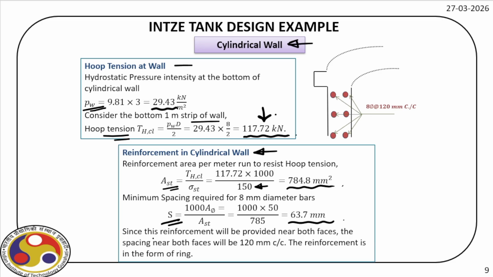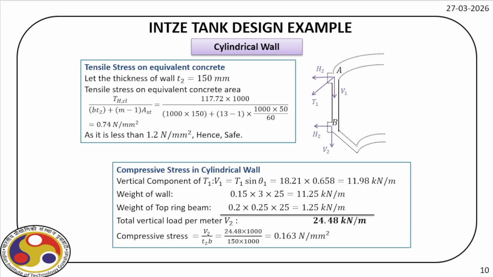Now this reinforcement will be provided near both faces. So over both the faces we have the reinforcement, which will be 120 millimeter center to center of the sidewall, right? Now let us find out the tensile stress on equivalent concrete.